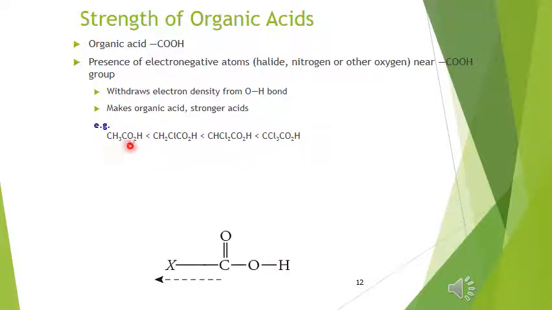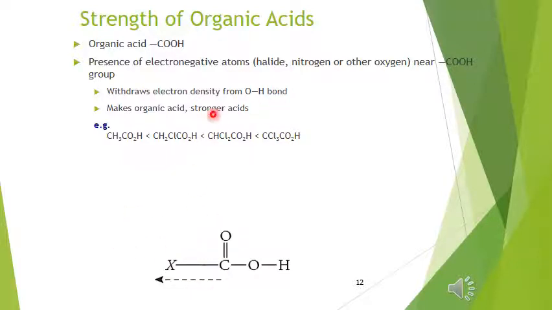If you take a look at these four here, they're all similar in that they all have this CO2H, which is right here. What's different is they have the Cls attached. This has 3 Cls, this has 2, this has 1, and this has none. The more Cls out here, the more it's going to pull the electrons after it's lost its H, and it's going to stabilize that electron.